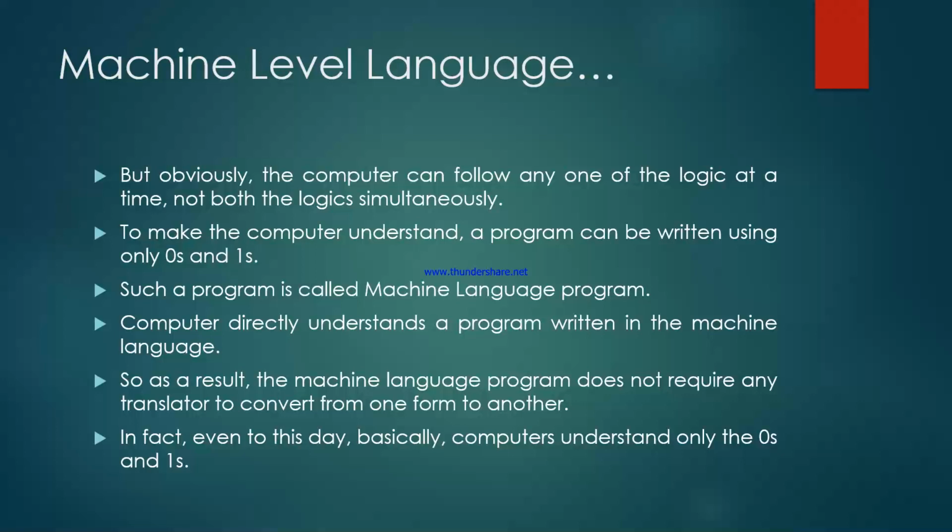As a result, the machine language program does not require any translator or interpreter to convert from one form of language to another form of language, because the computer understands 0 and 1, and machine level language is also in the form of 0 and 1. So it is very much compatible with the computer system.